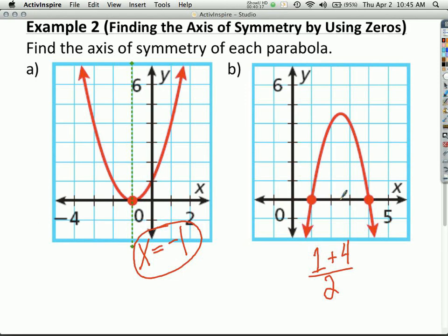So we already know the equation of the line. The equation of the line will be x equals 2.5. And we can draw it by just trying to approximate where 2.5 will be and drawing a vertical line through it.